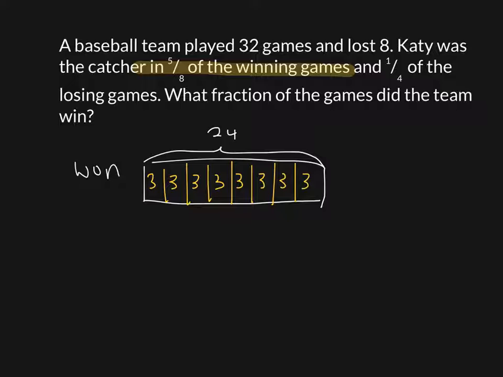So each 1/8 of the winning games has 3 games in it, and she played catcher in 5/8 of the winning games. So I just need to know how many are in 5 of the 8s. And of course 3 times 5 is going to be 15. So she played in 15 games.